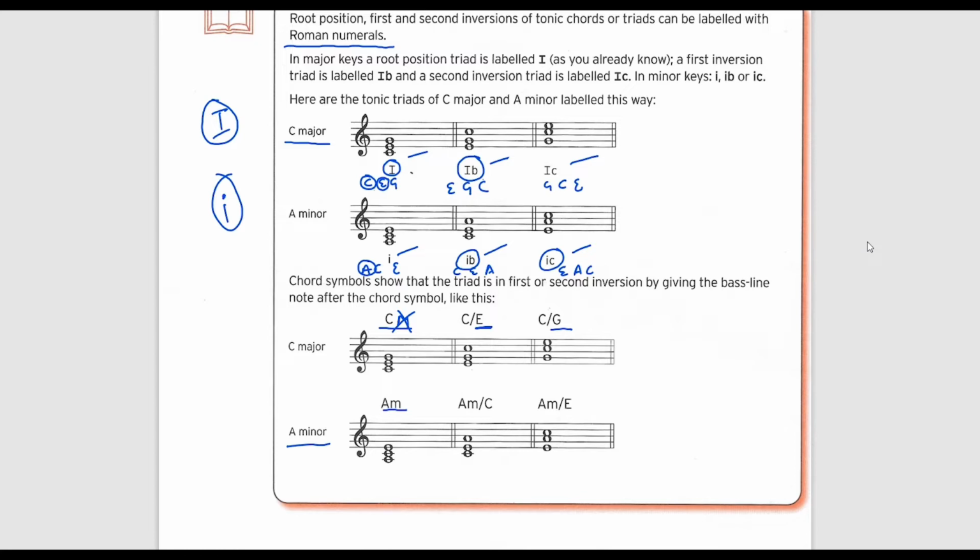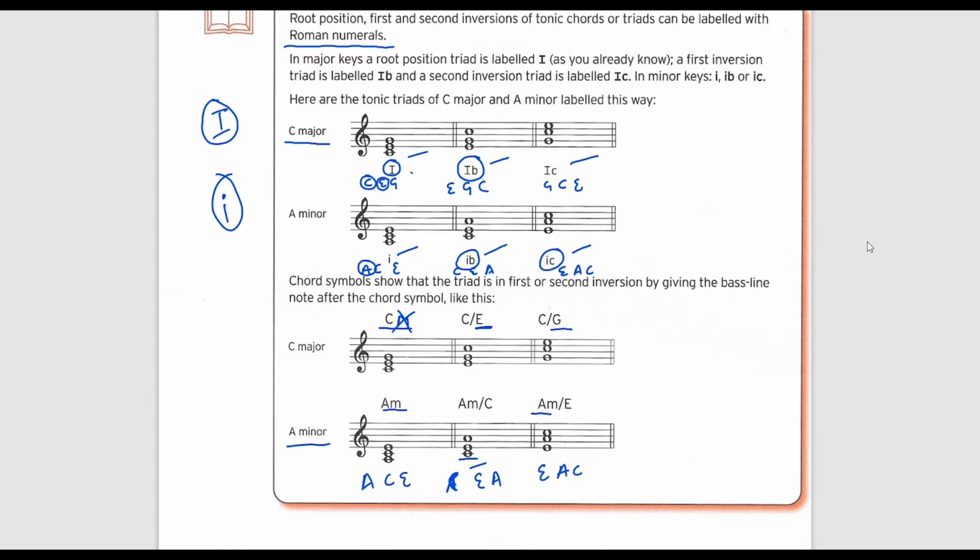The second one you can say A minor over C, so C is at the bottom, here it is C, E and A. Here you can see it's E, A and C, so it's A minor with E at the bottom. This is what we have to do in this one.